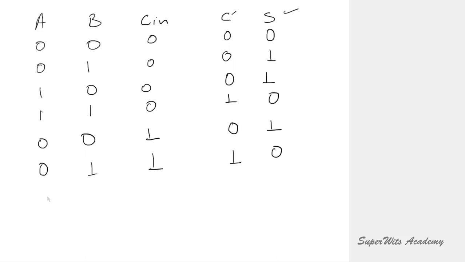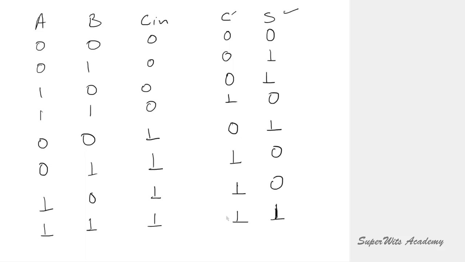Then if A is 1 and B is 0 and carry is also 1, again I'm going to get 1, 0. What if input A and input B are both 1 and my carry is also 1? In that case my output will be like this.